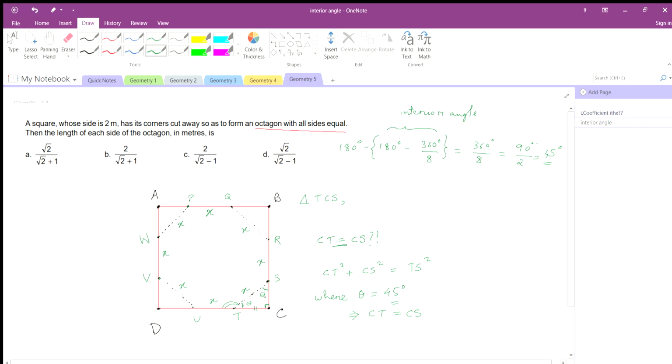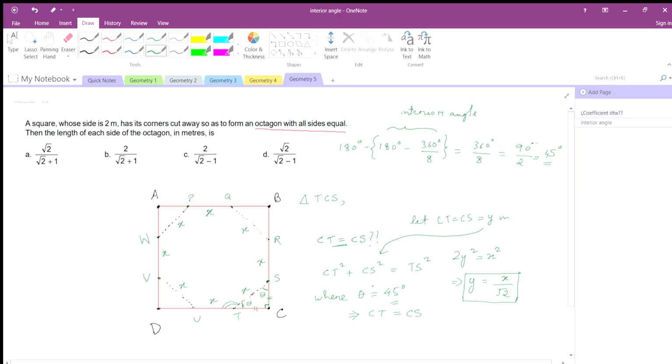So suppose CT is y. Let us consider CT equal to CS is equal to y meters. So what we will get is 2y square is equal to x square, right? And you will get y in terms of x, y equals x by root 2. Got it?